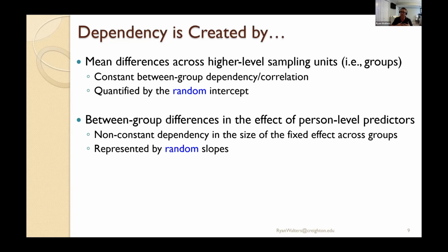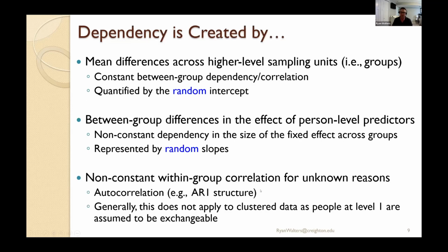So we're going to get a predictor effect like a regression slope that's going to apply on average. The question becomes, does that apply equally to every single group? We can capture variability in the size of the effect. Let's say the difference between males and females could differ between groups. That's going to be tested via something we're going to call random slopes.